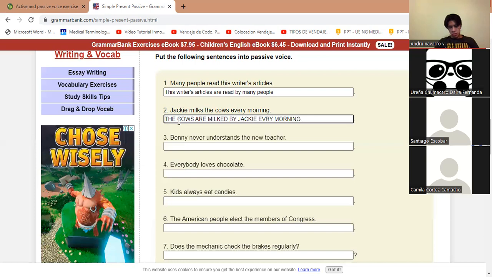All right, number 3. Let's see, let's go with Santiago, do number 3. Read the active, then turn it into passive. Using the present simple. The new teacher. Number 3, yeah, exactly.